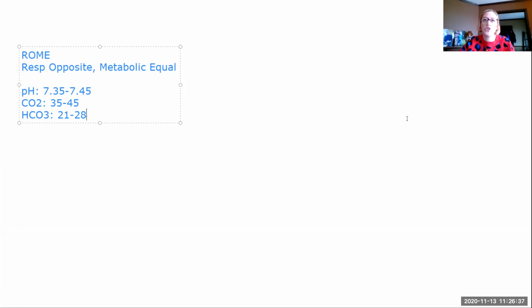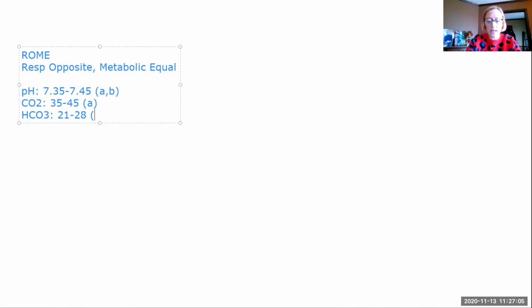So you're really matching up the problem with what value coincides with it. On the low end, pH is an acid. On the high end, I know alkalosis and acidosis both start with A, but alkalosis is a base. And your CO2 is an acid, and our bicarb is a base.